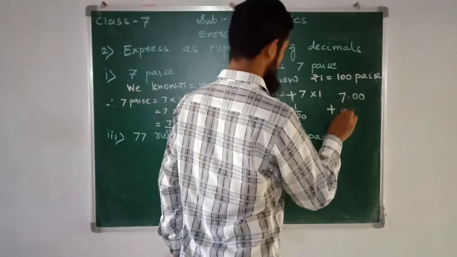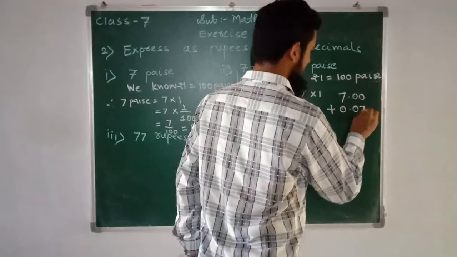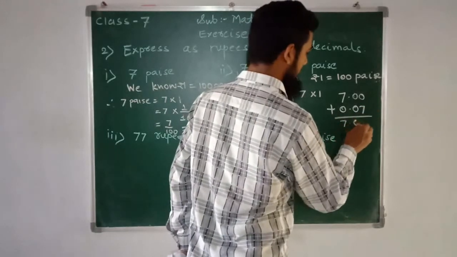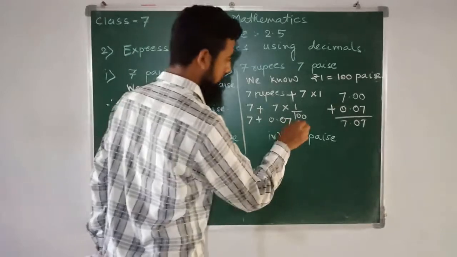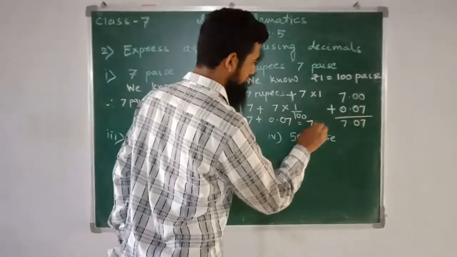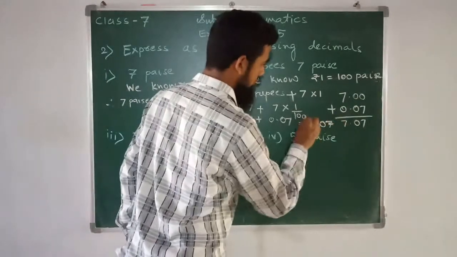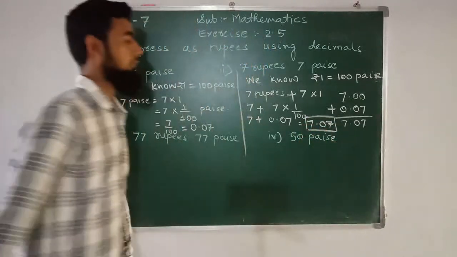So if you will do beta 7.00 plus, okay, so what is answer? The answer is 7.07.